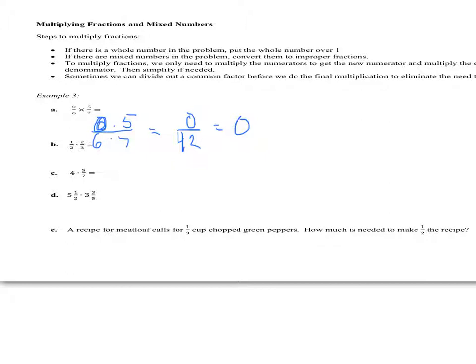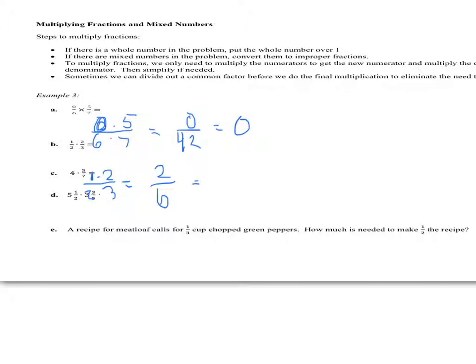Example B, 1/2 times 2/3. We're going to multiply the numerators, 1 times 2, to get the new numerator, which is 2. Then we'll multiply the two denominators, 2 times 3, to get the new denominator, 6. And now simplify if needed. 2/6.